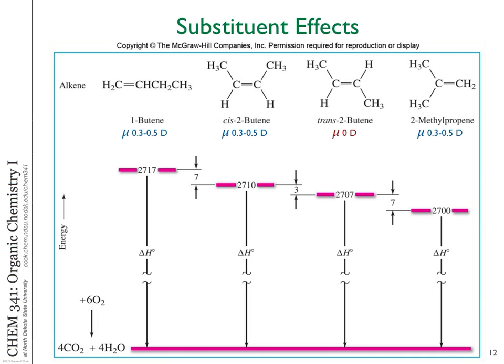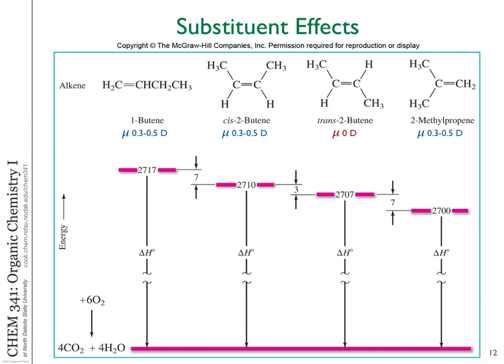Okay, let's take a look at some of the properties of double bonds. This is a chart just showing the energy differences of the amount of energy released when you burn these isomers of butene. Remember, the heat of combustion is the energy we get out when we burn a hydrocarbon all the way to CO2 and water.